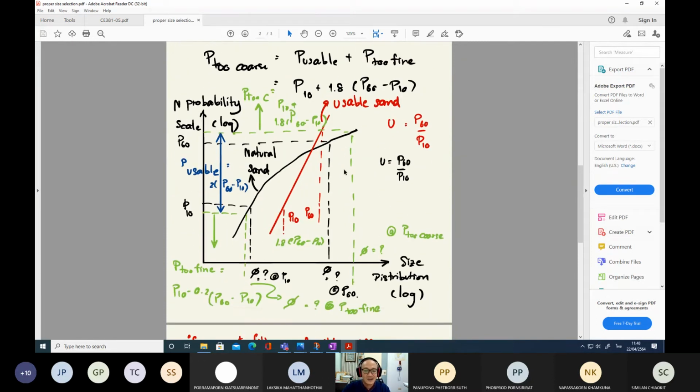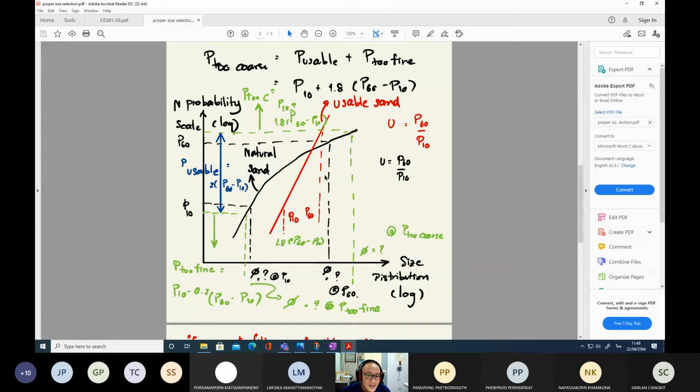Here, it will be more understandable if I put everything in a figure. This is the natural sand. After sieving analysis, if we plot the accumulations of the weight, we will get a curve like this. Somebody may call it an S curve. This is the natural sands.